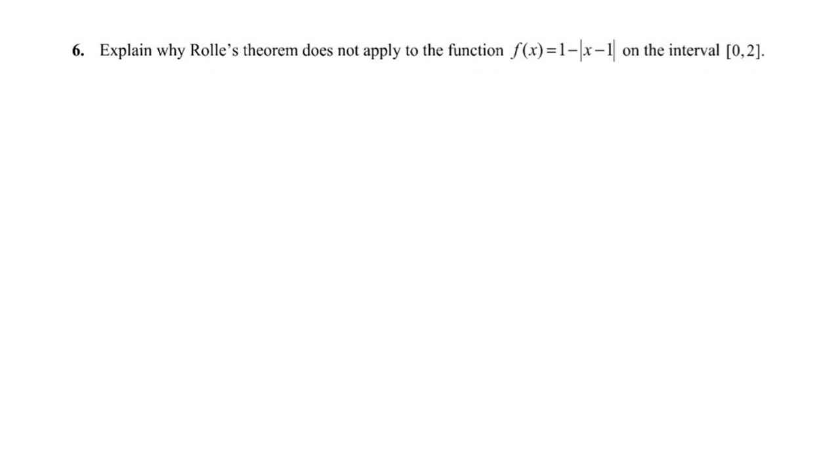Explain why Rolle's theorem doesn't apply to the function 1 minus the absolute value of x minus 1. If you graph this function, when x equals 1, 1 minus 0 is 1 here.